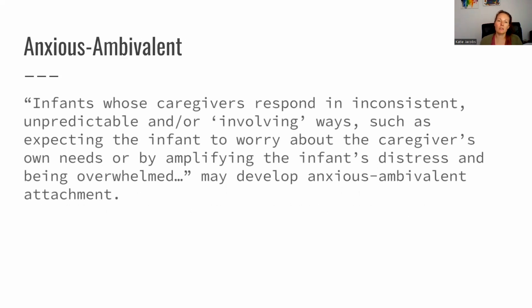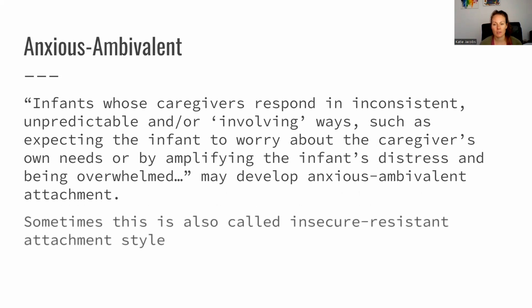Anxious ambivalent: this is infants whose caregivers respond in inconsistent, unpredictable, and or involving ways, such as expecting the infant to worry about the caregiver's own needs, or by amplifying the infant's distress and being overwhelmed. These kiddos might develop anxious ambivalent attachment. Sometimes you'll see this referred to as insecure resistant attachment style, and our materials actually called it resistant attachment style.